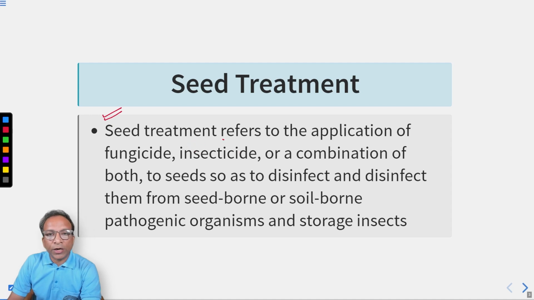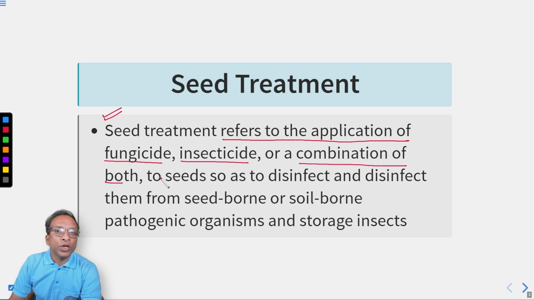Seed treatment refers to the application of fungicide, insecticide, or a combination of both. We are treating our seeds before sowing them in the soil with different chemicals.